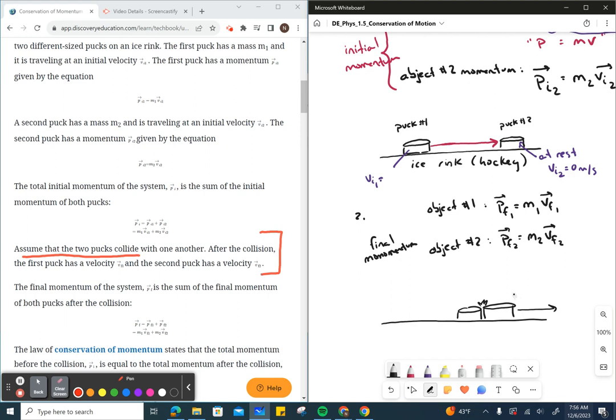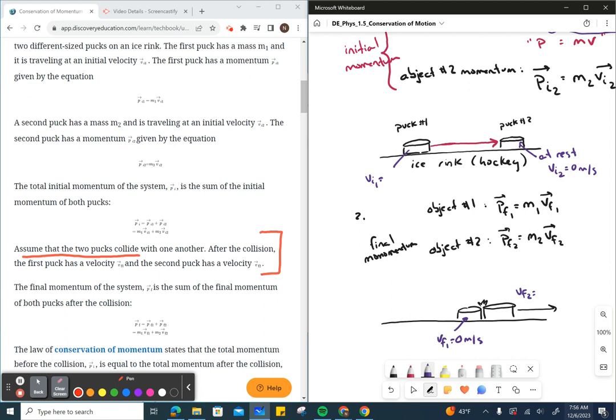The velocity final for puck number 2 is going to equal something, and our velocity final for puck number 1 is going to equal something. Perhaps here, maybe it's going to be 0 meters per second, for example, right? It stops moving. Okay. Now, what are we trying to do here? Well, we're trying to establish a relationship.